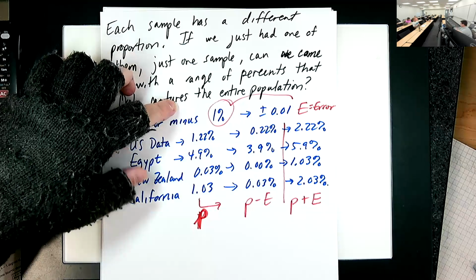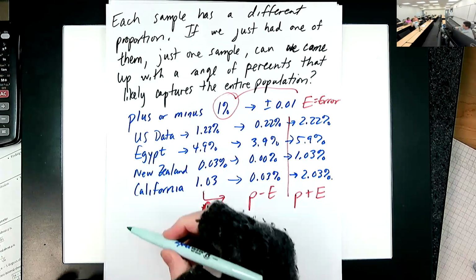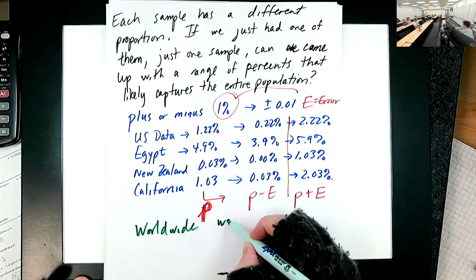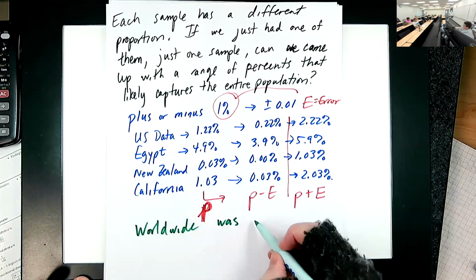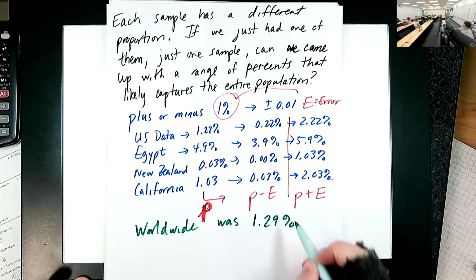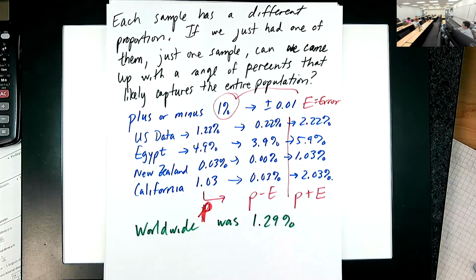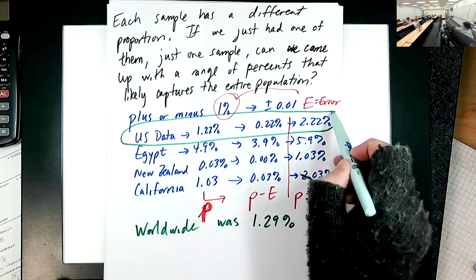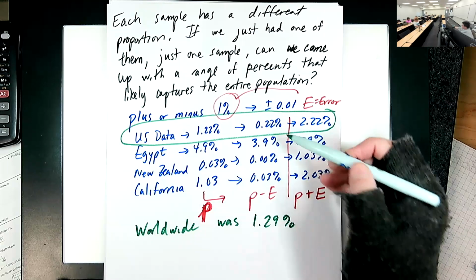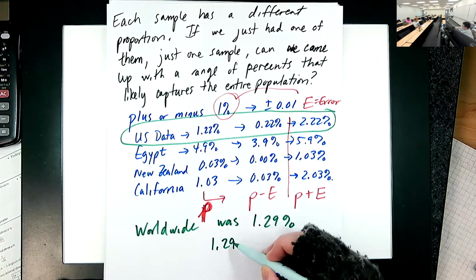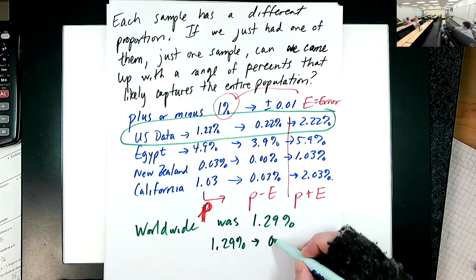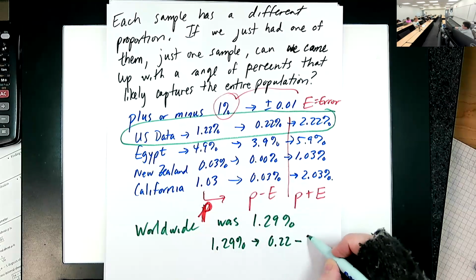The idea is, check this out. Worldwide was 1.29%. So my US data captures the 1.29%, or 1.29 is between the US's 0.22 to 2.22.